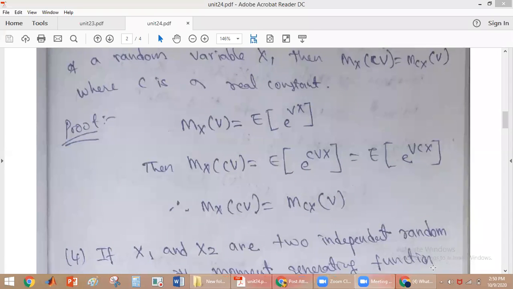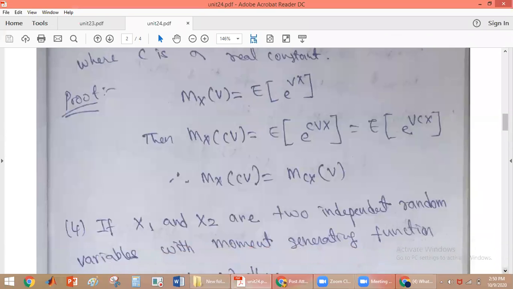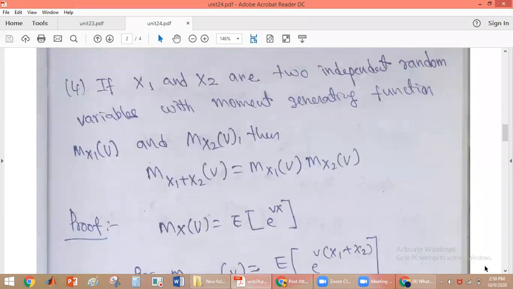Then we'll see the fourth property. The fourth property says that if X1 and X2 are two independent random variables with moment generating functions M_X1 of v and M_X2 of v, then M_(X1+X2) of v is equal to what? It is M_X1 of v into M_X2 of v.